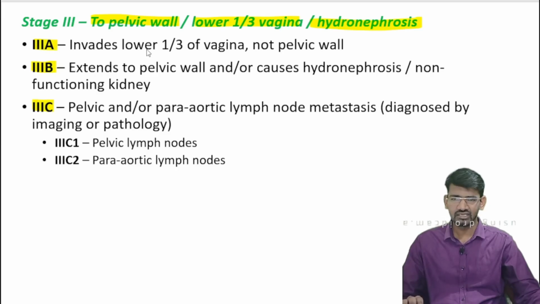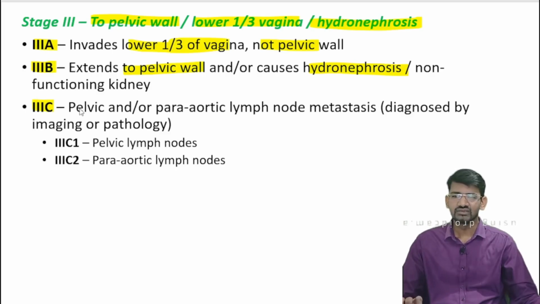Stage 3A involves the lower one third of the vagina, but not the pelvic wall. Stage 3B extends to the pelvic wall, causing hydronephrosis, or involves the kidney and makes it non-functional.